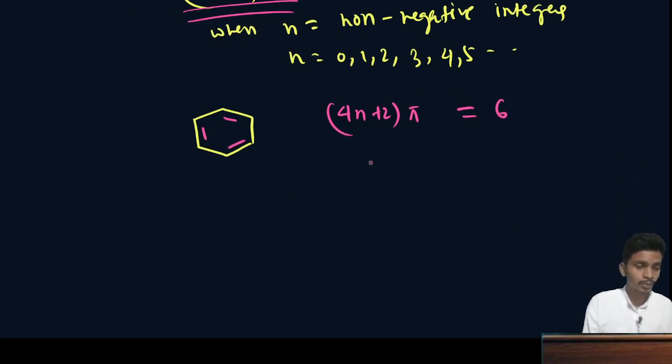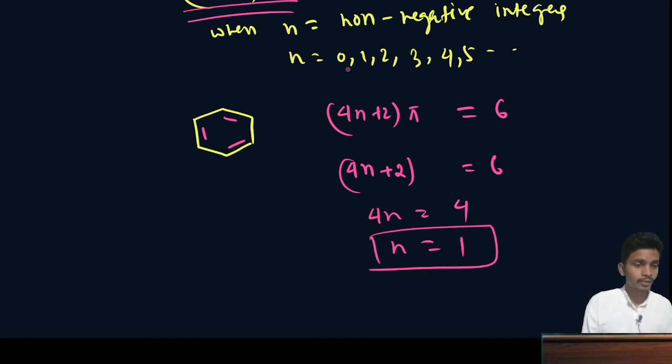So 4n plus 2 equals 6, which means 4n equals 4, so n is equal to 1.